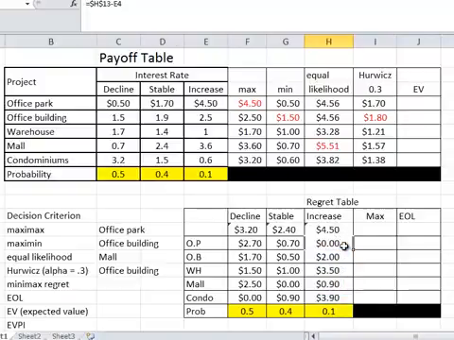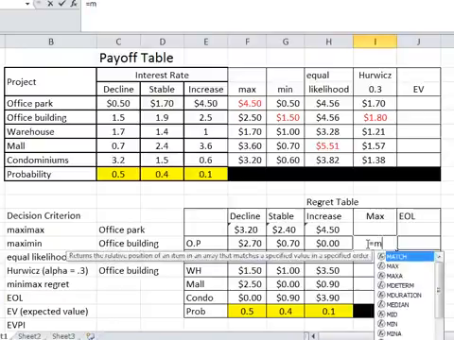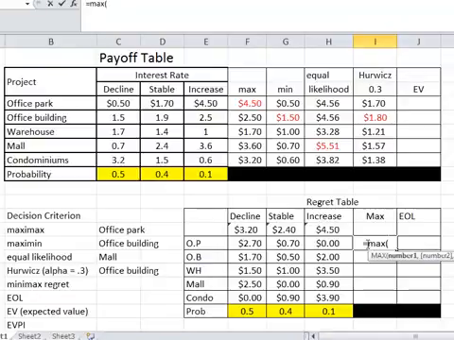Now we are ready to apply the minimax regret decision rule. To do that, first of all, let's find the maximal regret associated with each decision. First one, for Office Park, the maximal regret would be $2.7 million.